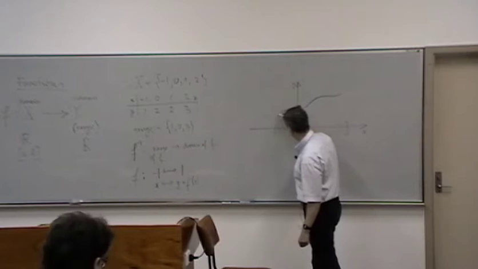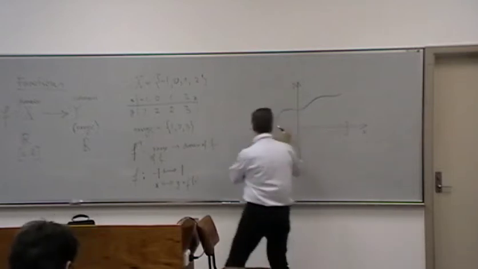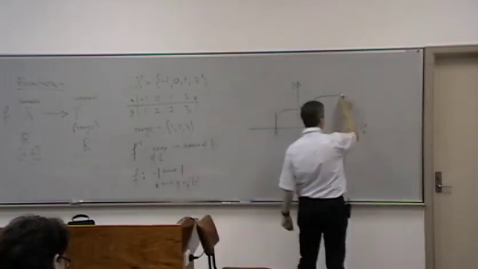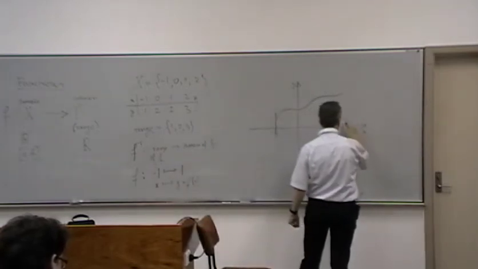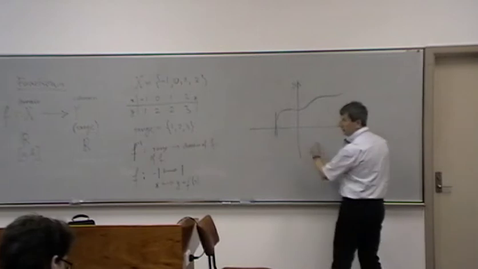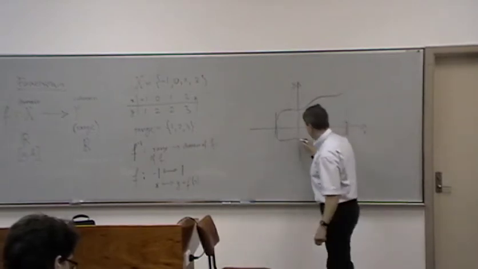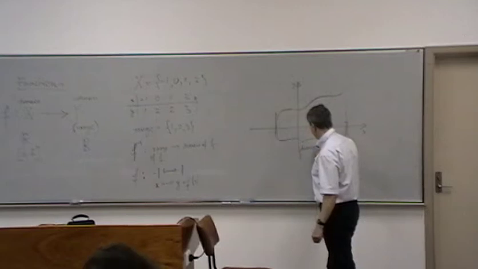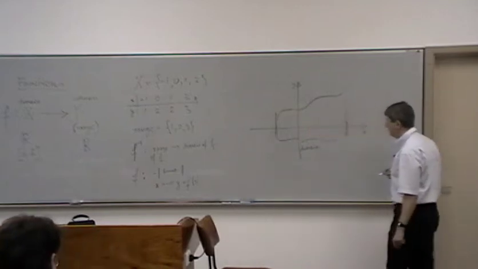Where it starts and where it ends are the start and the end point of the domain. So this is an interval, mostly it will be an interval, the domain.